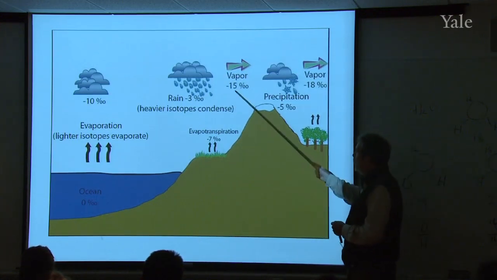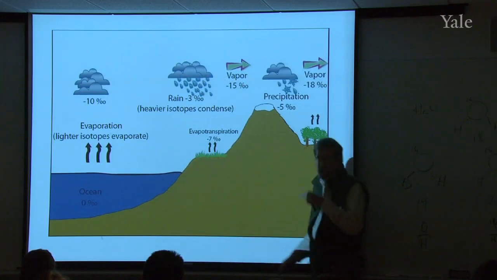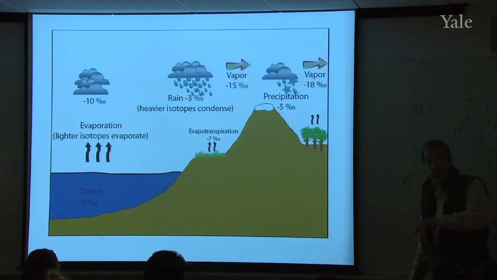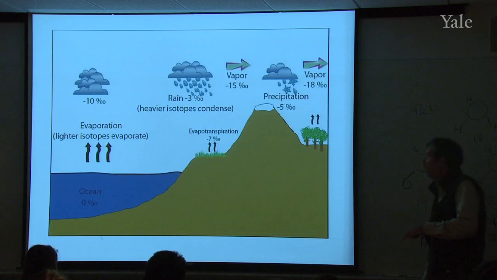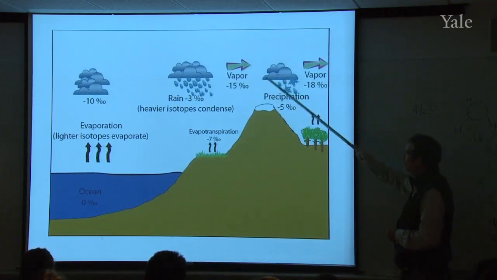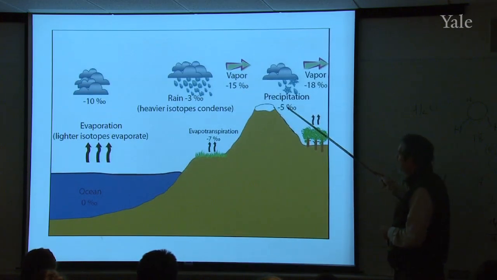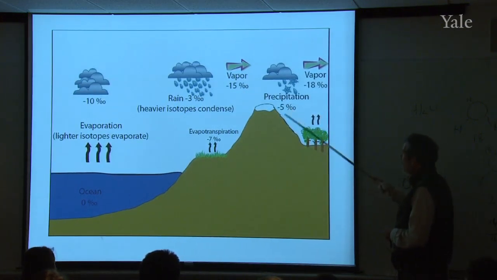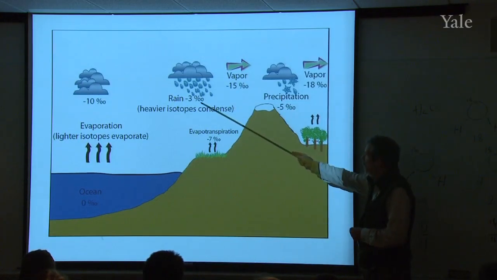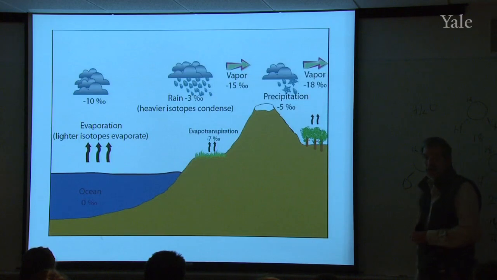The remaining vapor, after you've removed some of that liquid, is going to be lighter still because you've removed some of the heavier isotopes. Then if you rain again from that lighter vapor, the precipitation is going to be heavier than that vapor, but lighter than the rain that fell out before.